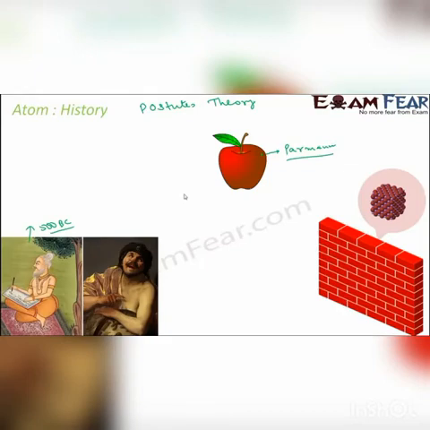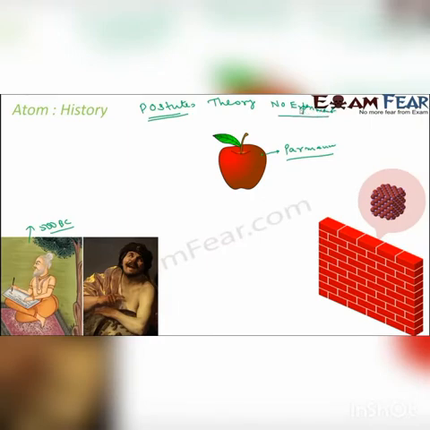And they give various forms of matter. So he told that there are only a few different types of atoms or Parmanu, and these Parmanu combine to form different types of matter. That's what he postulated. Please note, these are all postulates. There were no experiments done at that time. No experiment to prove. They were all theory.